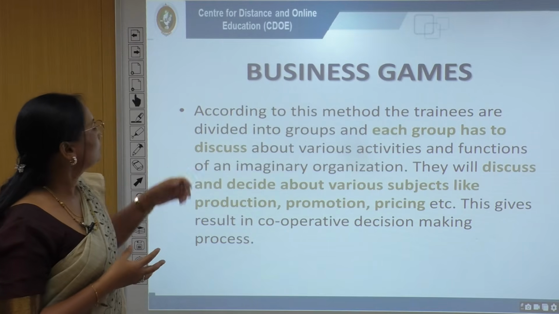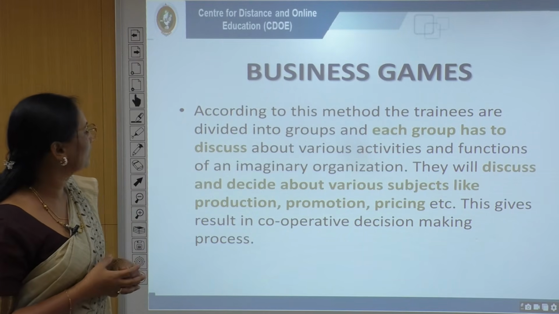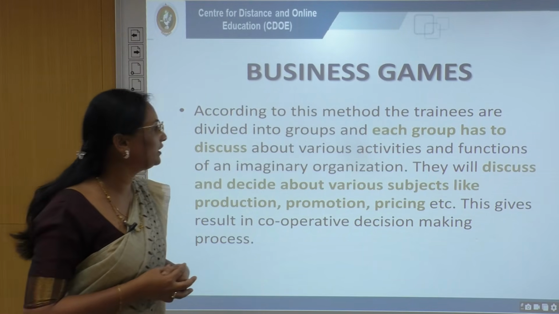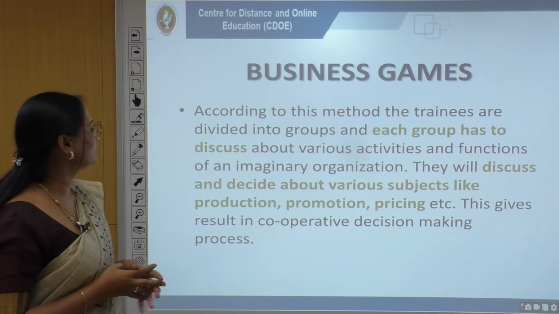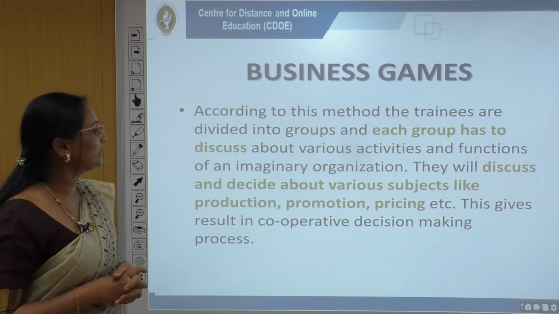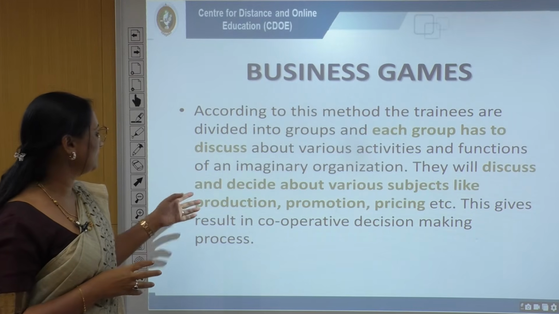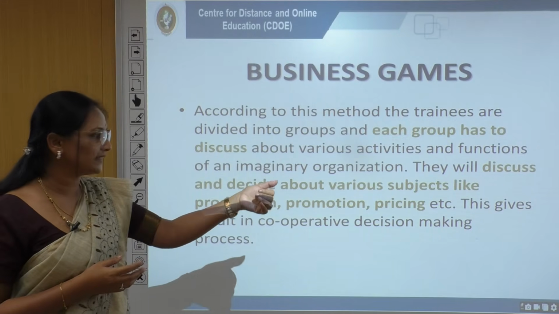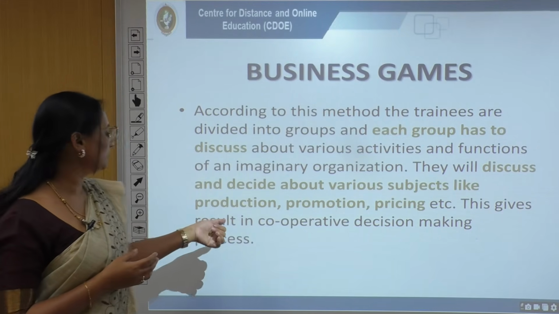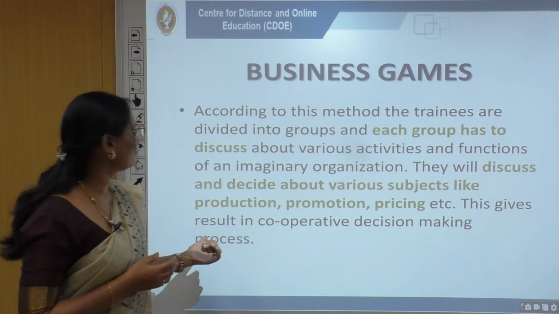And business games. According to this method the trainees are divided into groups, and each group has to discuss various activities and functions of the imaginary organization. They will discuss and decide about various subjects like production, promotion, pricing, etc. This results in a cooperative decision-making process.